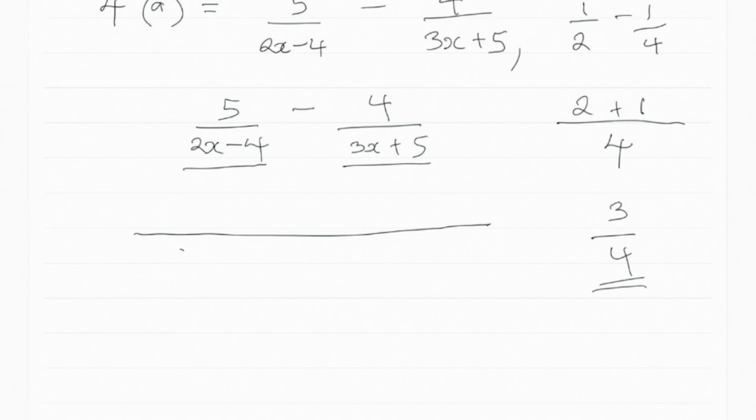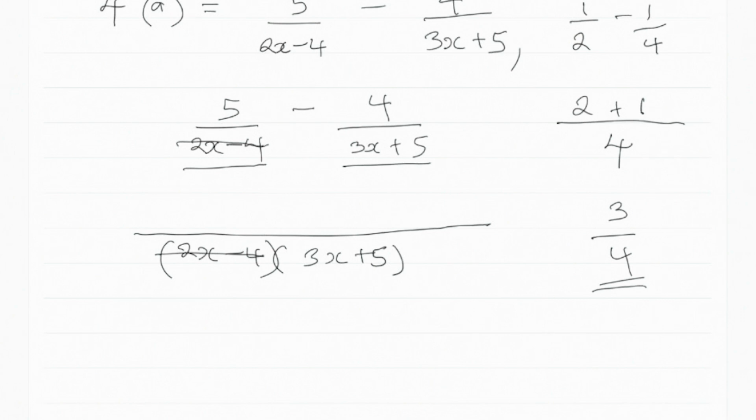And so we are going to say (2x minus 4), brackets, (3x plus 5). Then now we can divide the denominator of the first fraction into the common denominator. It goes in 1, and you remain with this factor, this factor times 5.